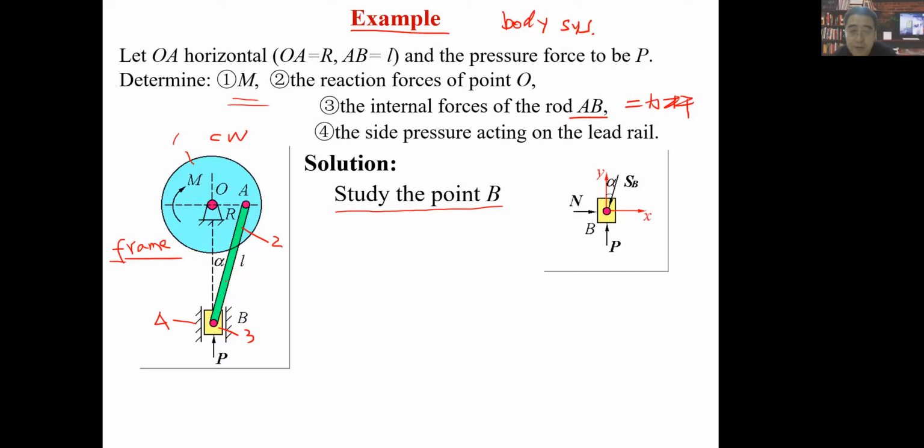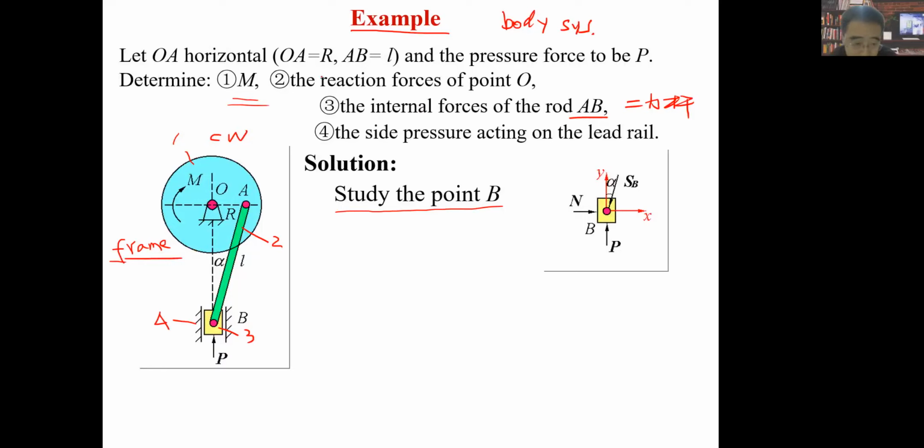All the constraints acting on this slider B are removed, but we should use reaction forces accordingly to replace their action on this slider B, right?